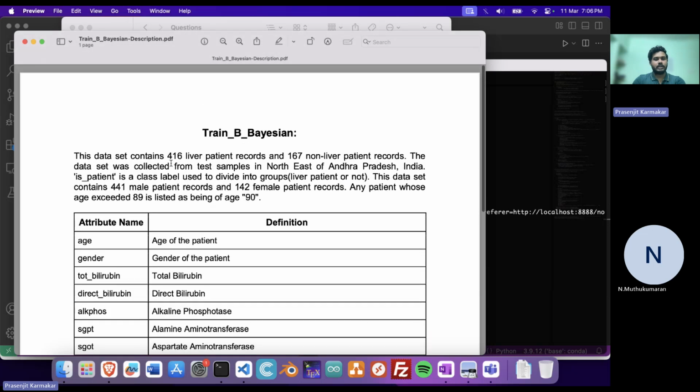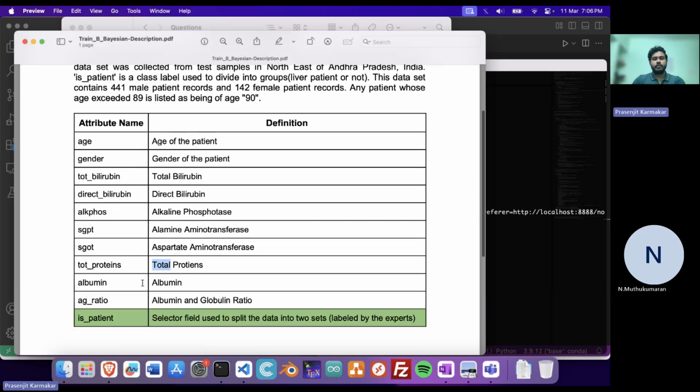The dataset contains 416 liver patient records and 160 non-liver patient records. The dataset was collected from the northeast of Andhra Pradesh, India. The label column is used to divide into two groups, whether he or she is a liver patient or not. So these are some features that we can use to check whether someone has liver disease or not.